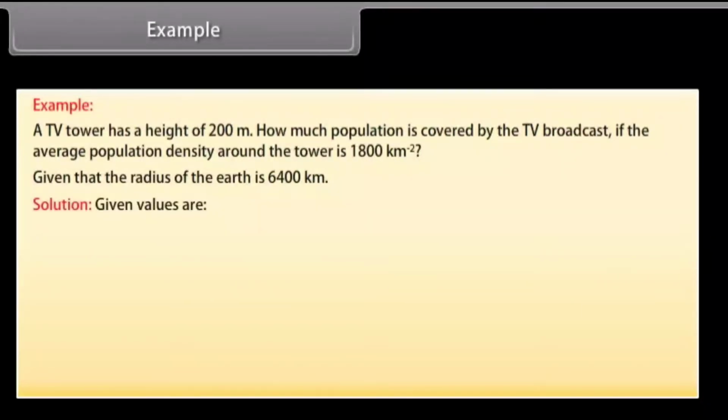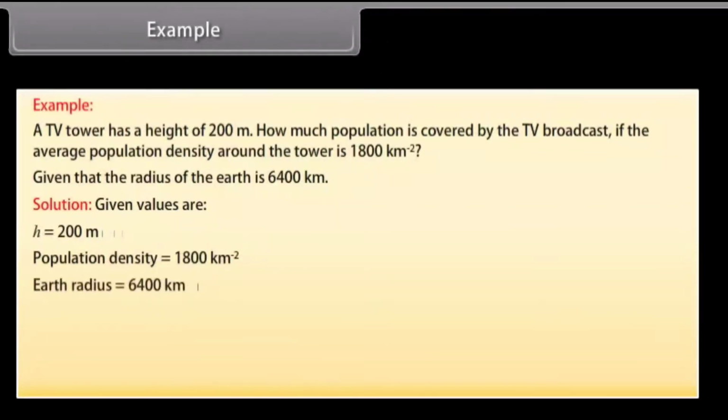Let's see the solution. Given values are: H is equal to 200 meter. Population density is equal to 1800 per kilometer square. Earth radius is equal to 6400 kilometer.